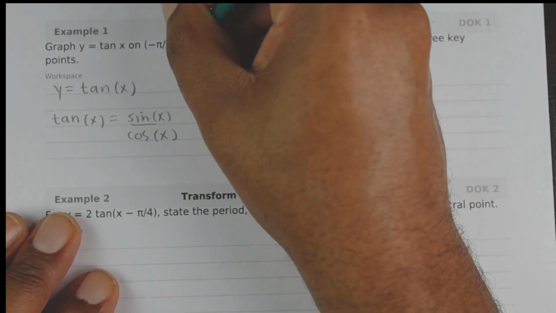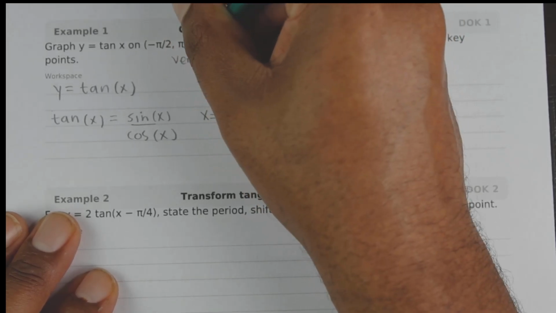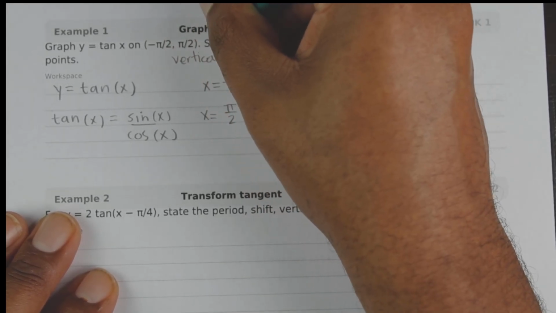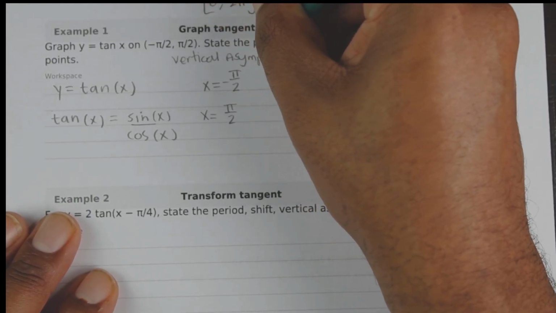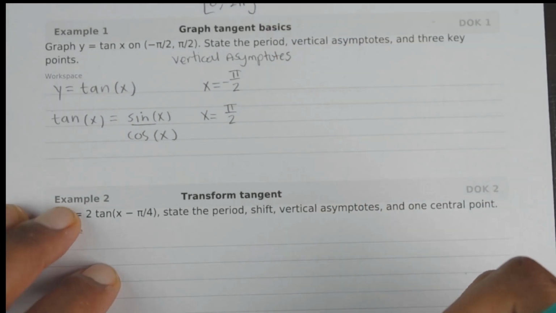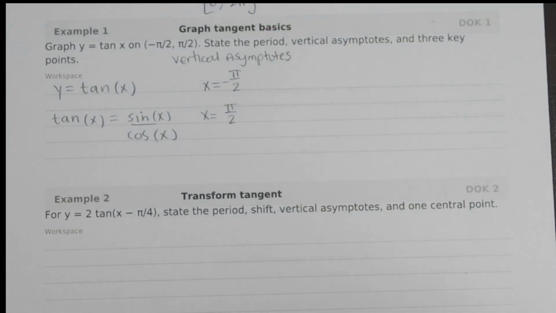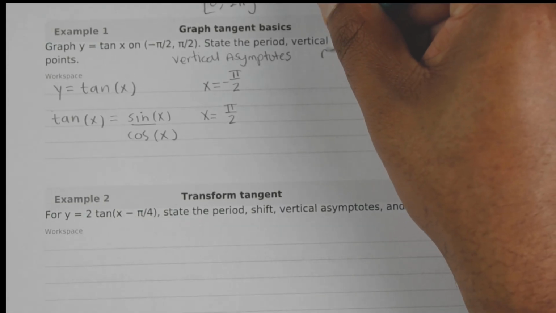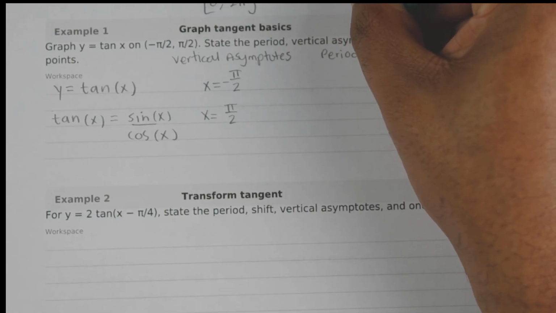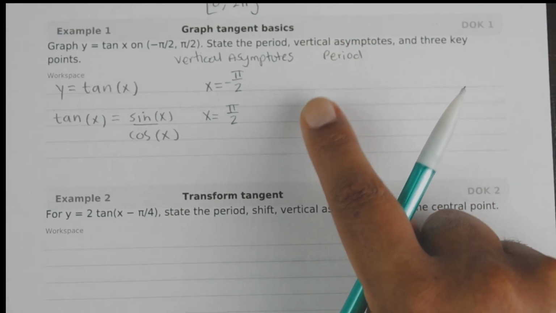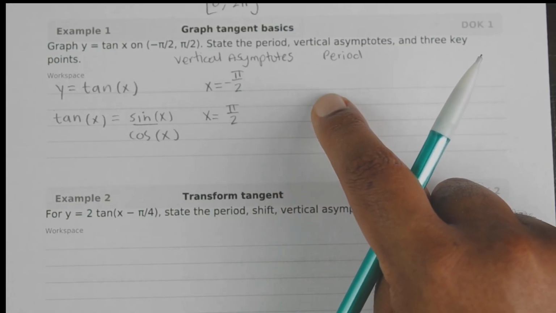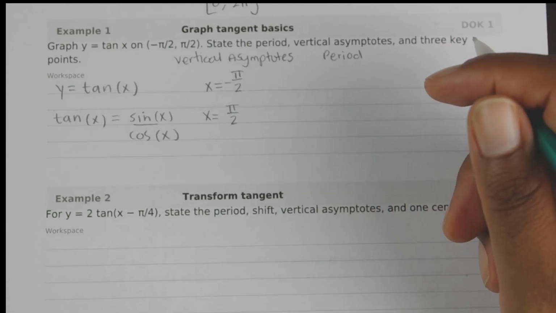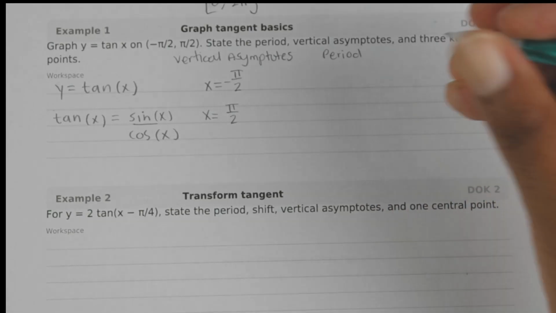These would be the vertical asymptotes. Okay. The tangent function has a period of pi. So the period, remember, is basically where it crosses the x-axis or at the peak, the max, the min, things like that. Okay, so we have a period of pi.